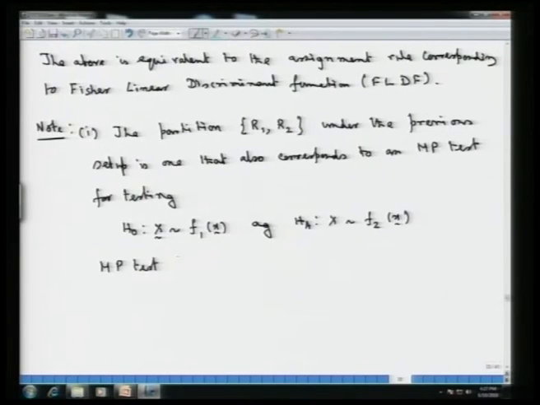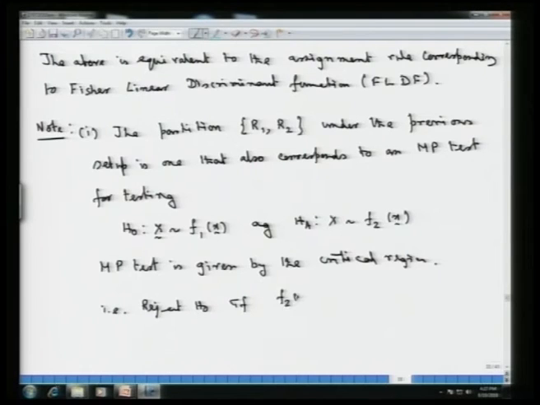So, the most powerful test is given by the critical region, that is, reject H naught if we have f2(x) by f1(x) greater than or equal to k, say, and we accept it otherwise.